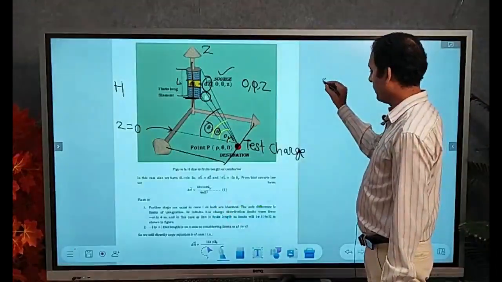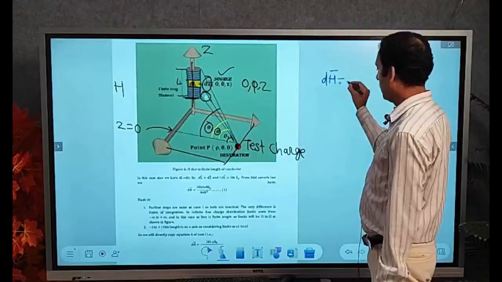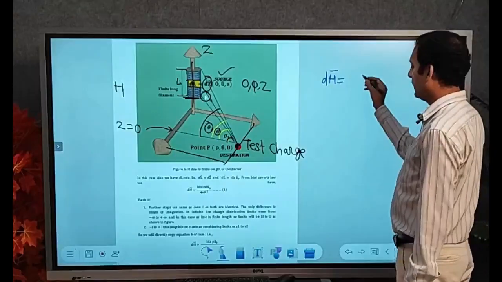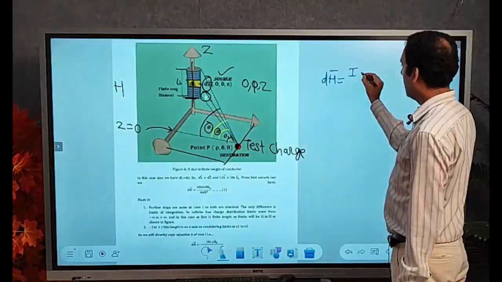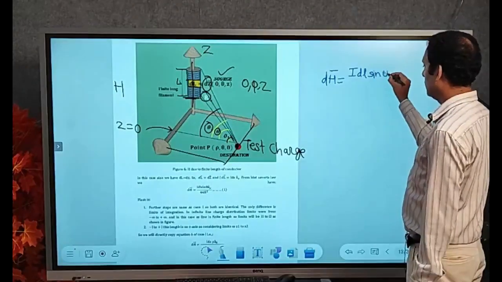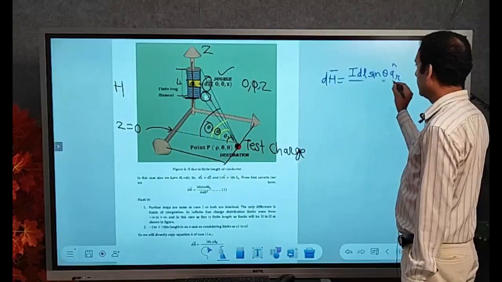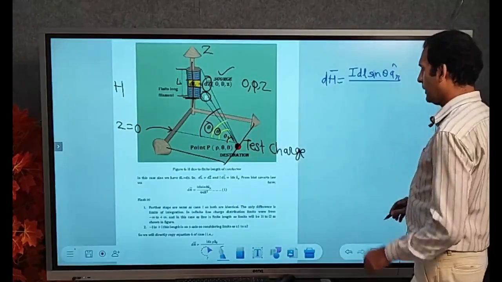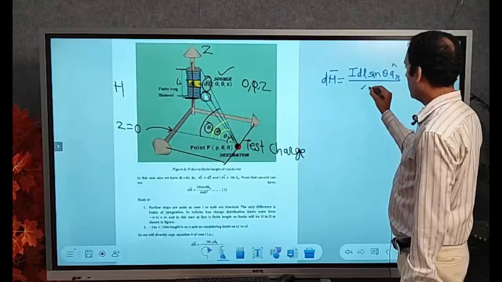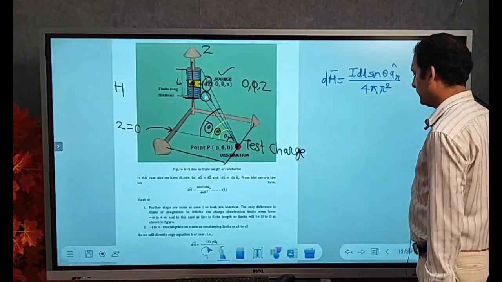So already we have dH from Biot-Savart's law. We have I dl sine theta aR cap, the direction towards the radius constant, by 4 pi r square.